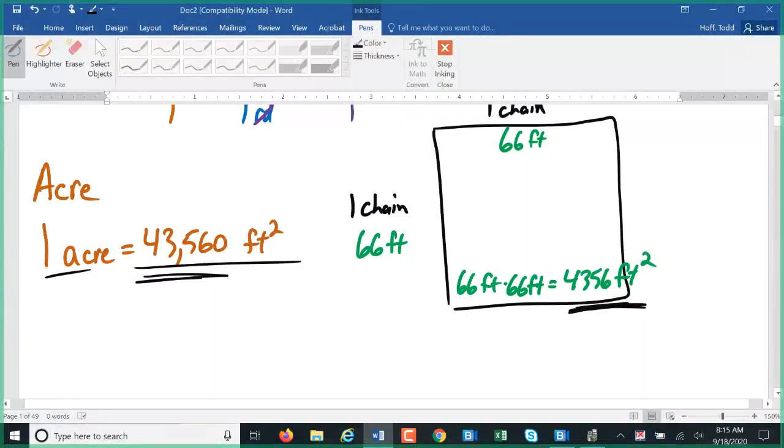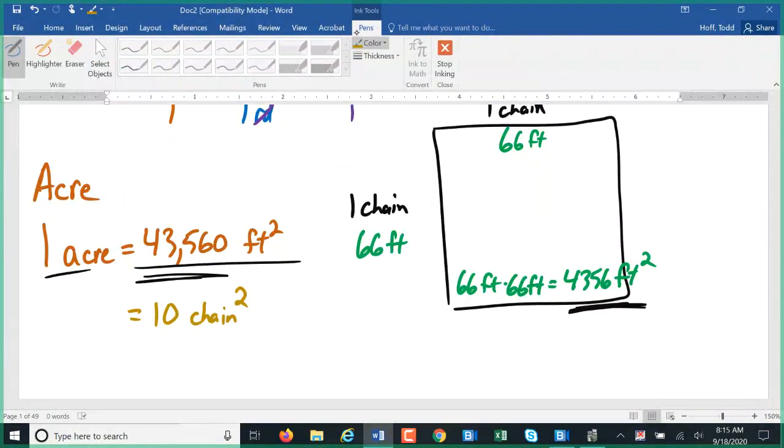Technically, the origin of 1 acre is it was 10 square chains. So be very, very careful when you are trying to convert units with area units, if it's squared units.